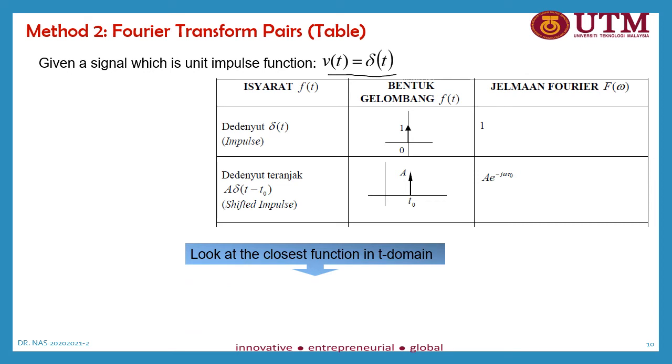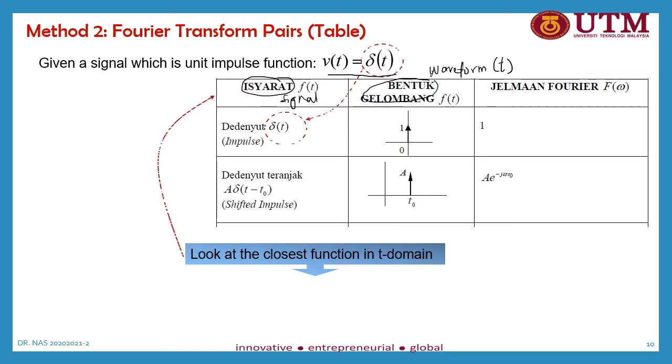Look at the closest function in time domain. You need to refer to the first column, isyarat, meaning this signal. Bentuk gelombang is the waveform in time domain. So if you are given the waveform, you compare with the second column. If you are given the equation, you compare with the first column.